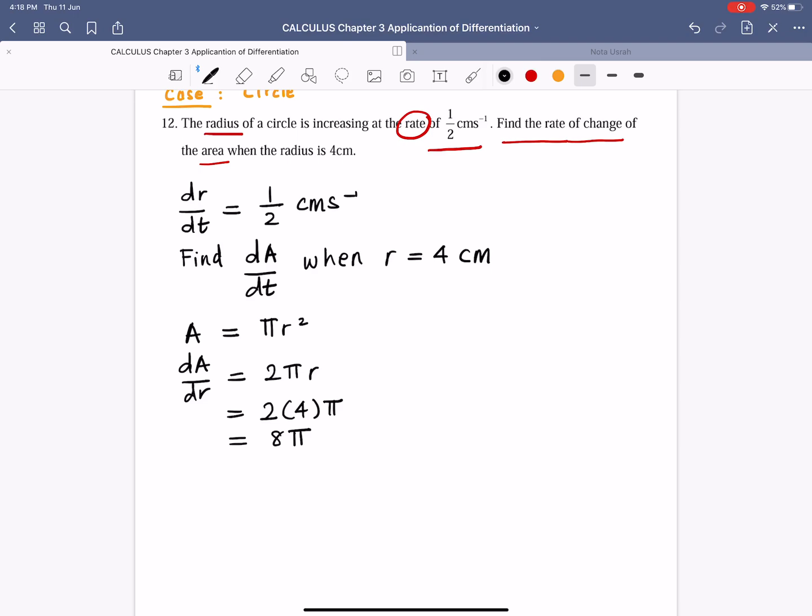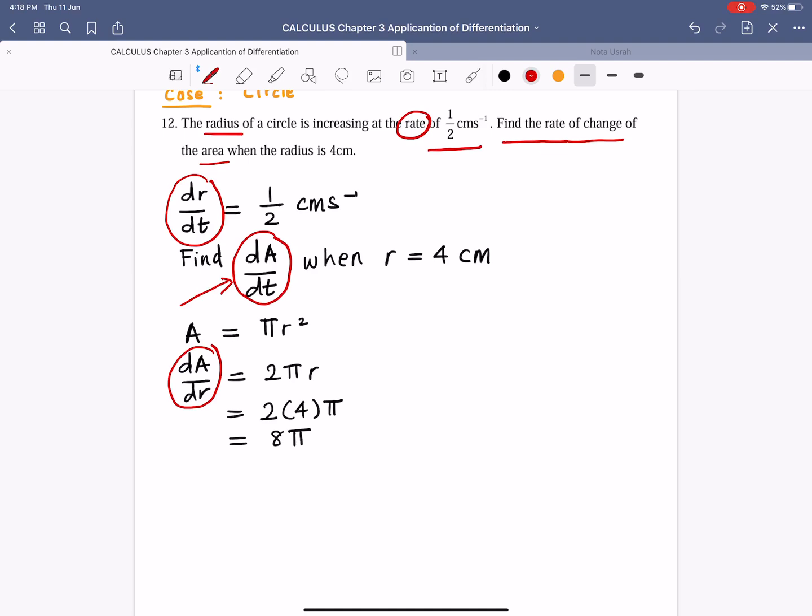So what's next? We want to utilize this and this in order to find dA/dt. So in this case, we will utilize the chain rule.